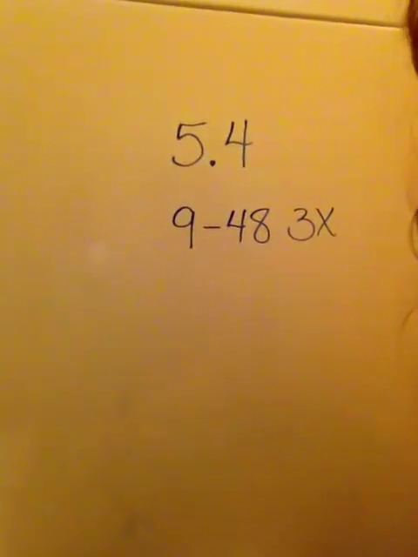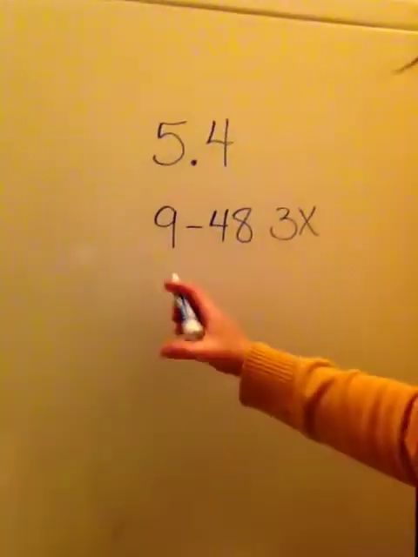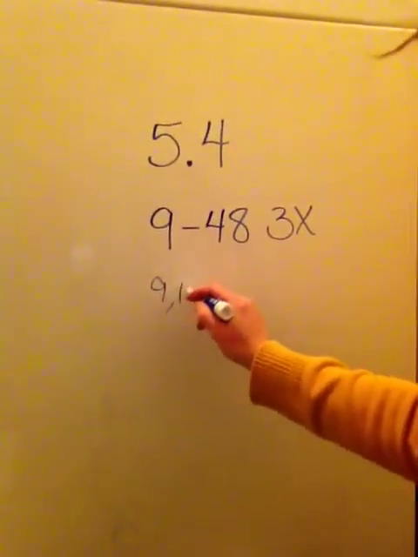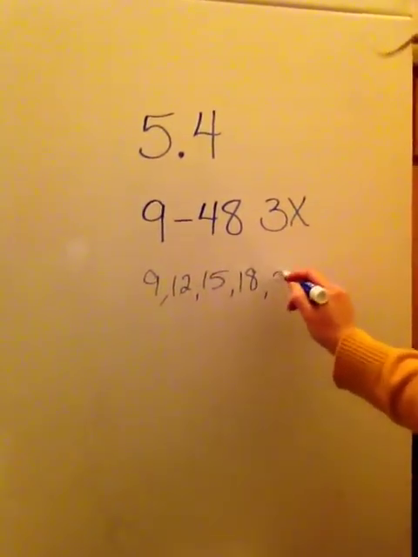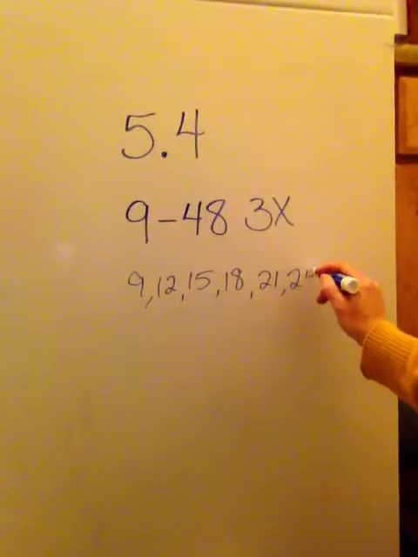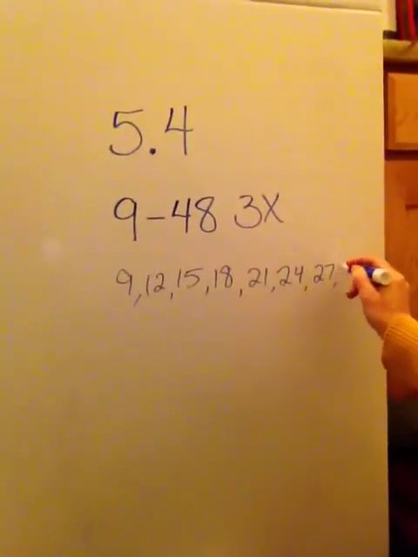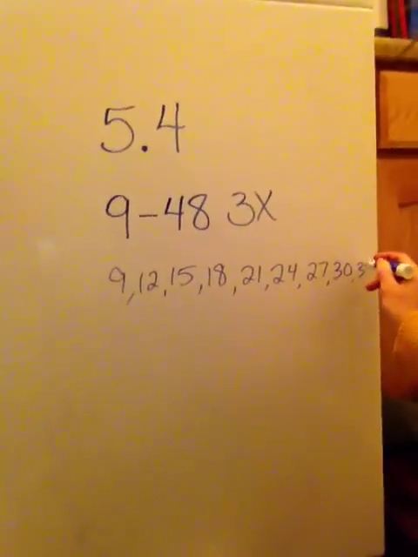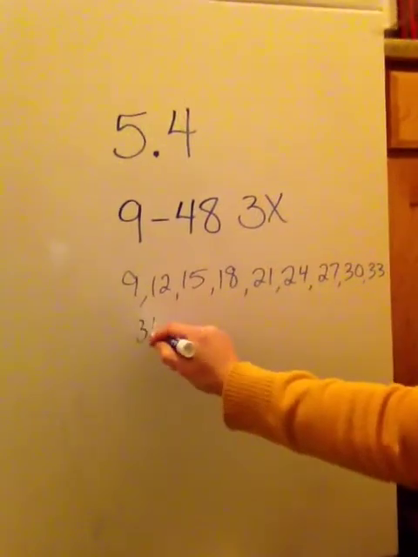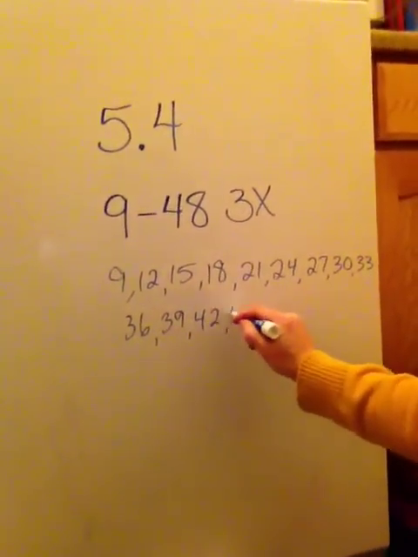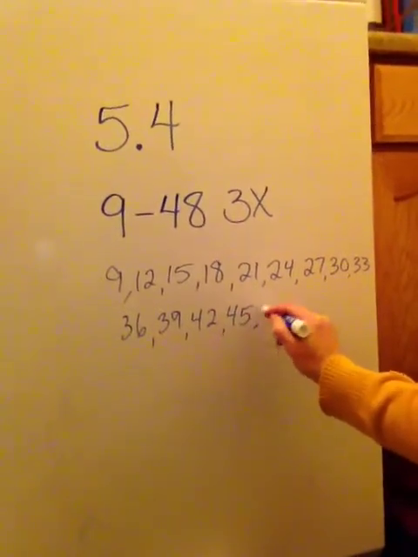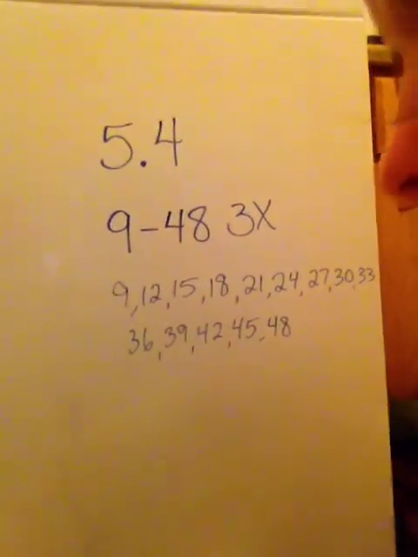Can you see that? 9 through 48 multiples of 3. So again, 9, 12, 15, 18, 21, 24, 27, 30, 33, 36, 39, 42, 45, and 48.